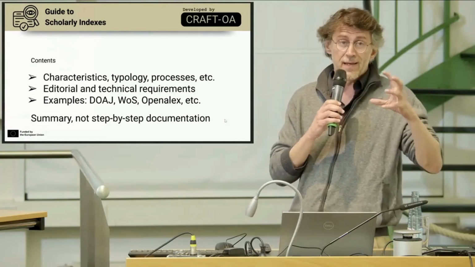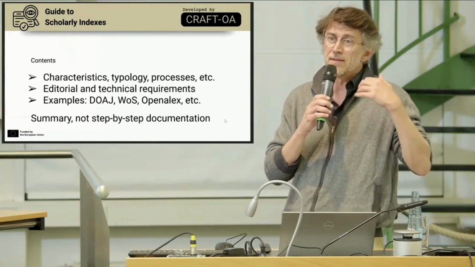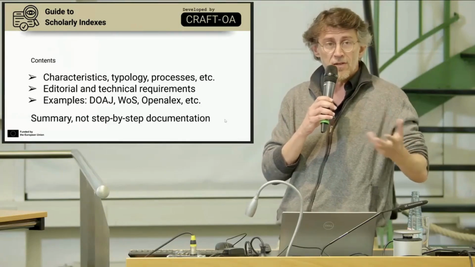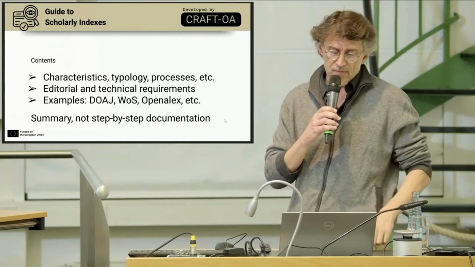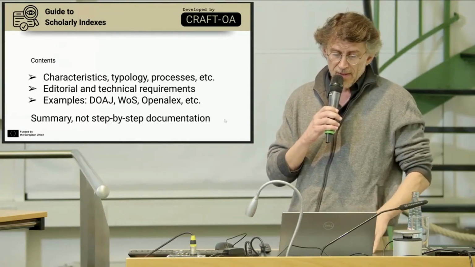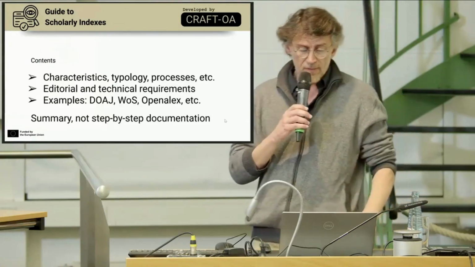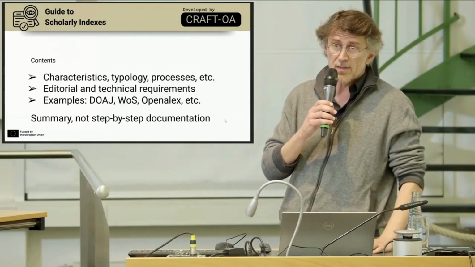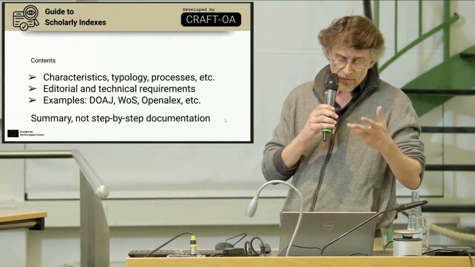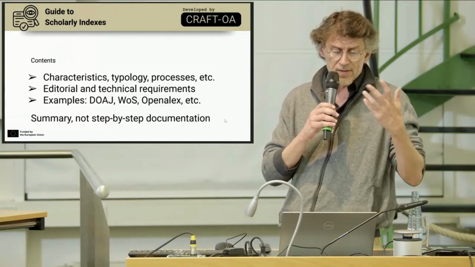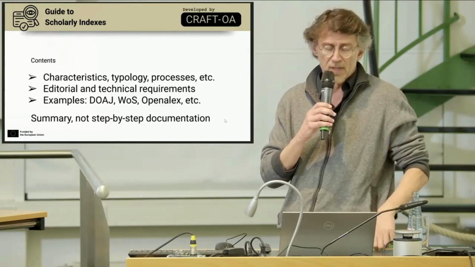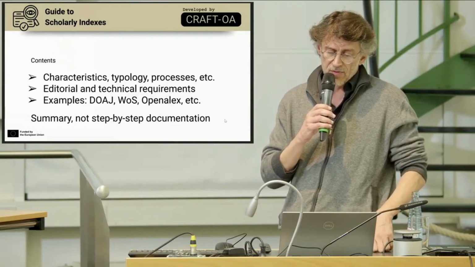Since this guide is supposed to integrate any kind of index, we need to describe all these specific aspects. Here you just have a very short list of examples of the indexes that we currently have in our guide. You have the OAJ, Web of Science, OpenAlex. You see they are very different kinds of services.